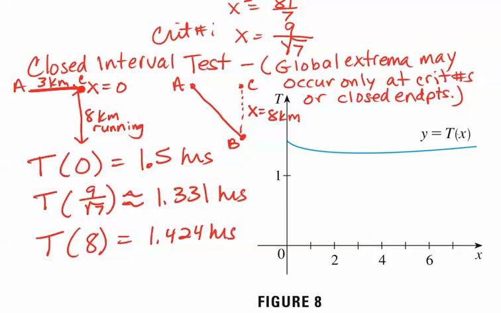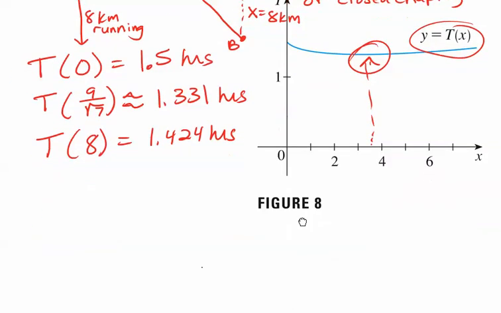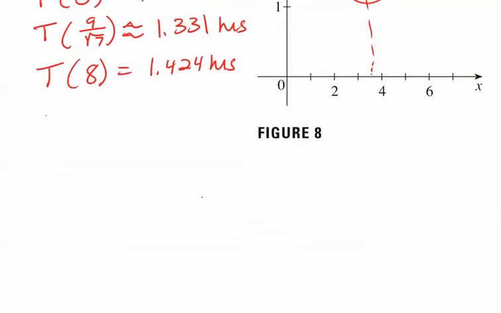And I've showed you here, as long as you're putting t of x in your calculator, you might want to look at its graph. And sure enough, it does have a minimum value. Right about here is its minimum value. So when x is 9 over the square root of 7. All right, so what do we conclude here?